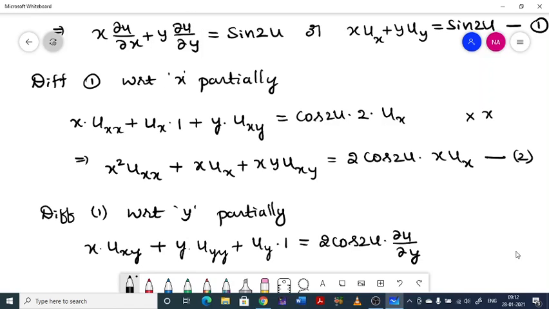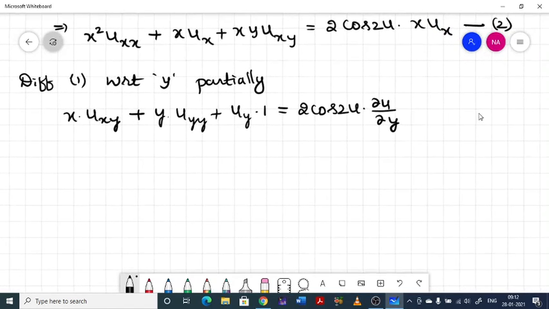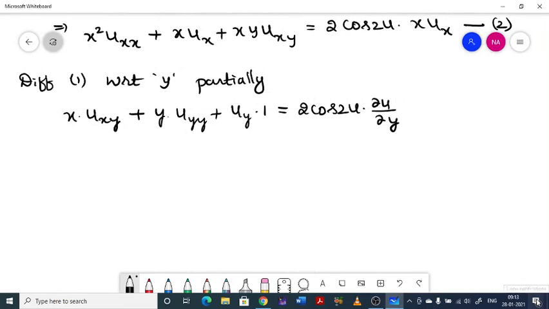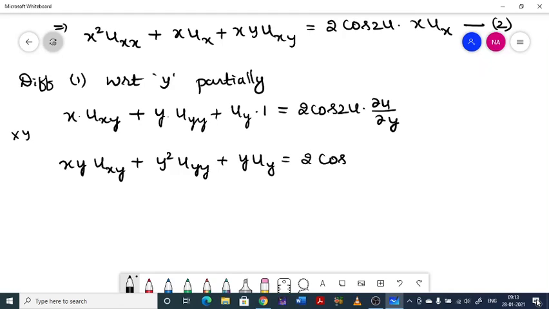Multiplying both sides by y, you will be getting xy uxy plus y square u double y plus y uy equal to 2 cos 2u into y dou u by dou y.